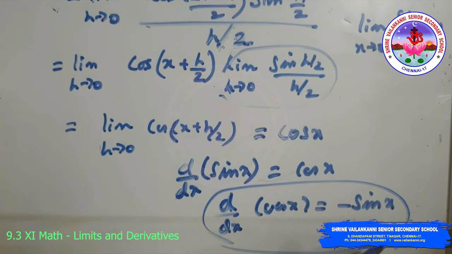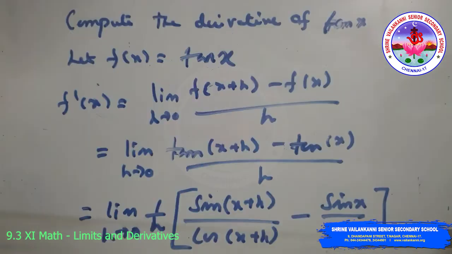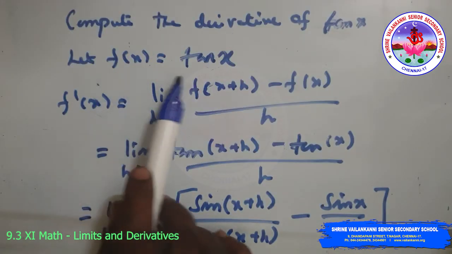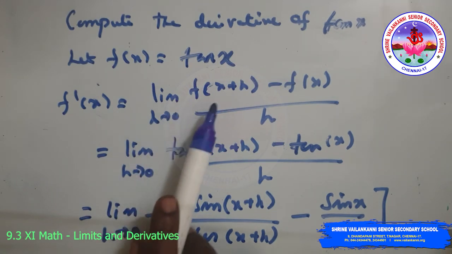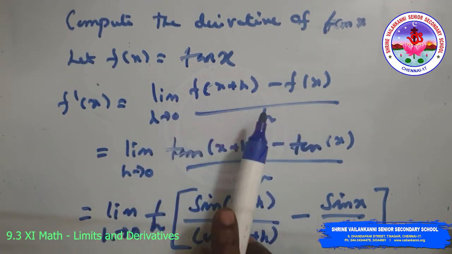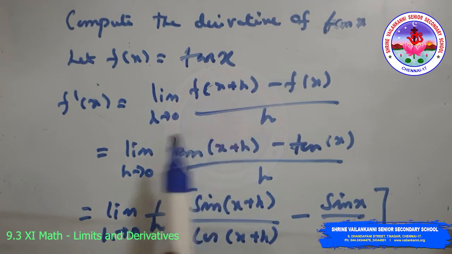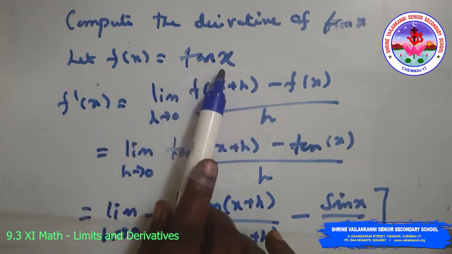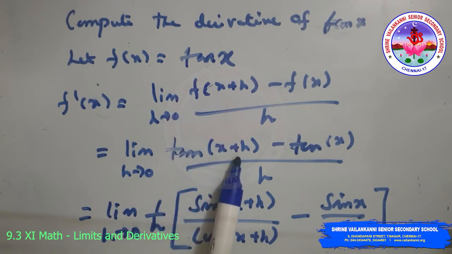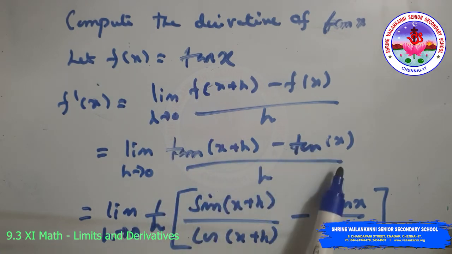Let me compute the derivative of another function, which is tan x. Let f of x equal tan x. f dash of x equals limit h tends to 0 of f of x plus h minus f of x by h, which is equal to limit h tends to 0 of tan of x plus h minus tan x by h.